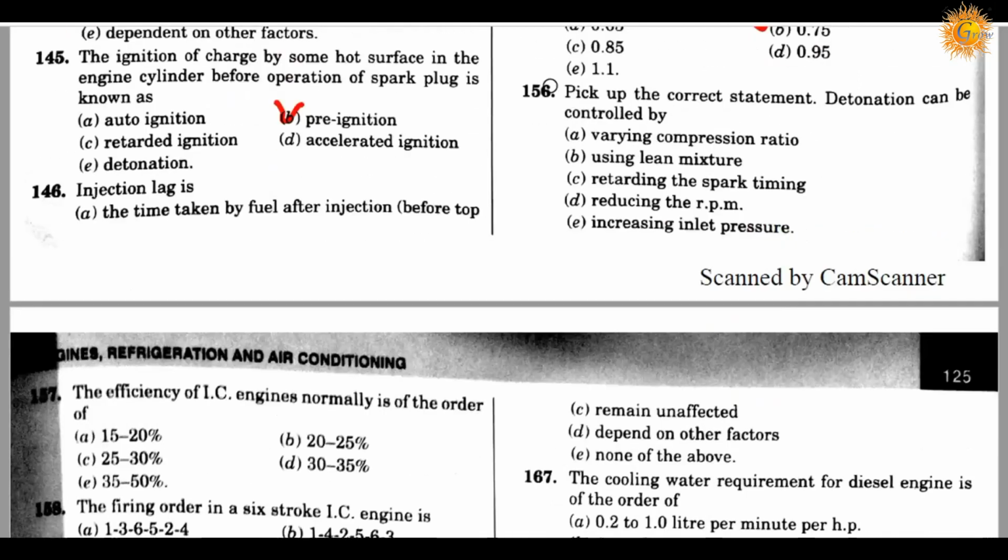Question number 156. Pick up the correct statement. Detonation can be controlled by option A varying compression ratio, option B using lean mixture, option C retarding the spark timing, option D reducing the RPM, option E increasing the inlet pressure. So the correct answer is C, retarding the spark timing.